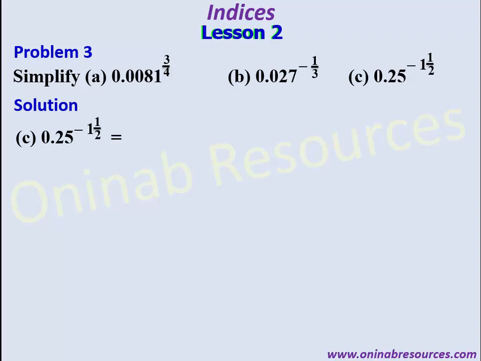For 3C, we have 0.25 to the power of negative 1.5. We still change this one again to fraction. Changing it to fraction in the simplest form, we have 1 over 4, raised to the power of negative 3 over 2 if you change this to improper fraction. Then in order to remove this negative from the index, we find the reciprocal of 1 over 4, which will give us 4 to the power of 3 over 2.